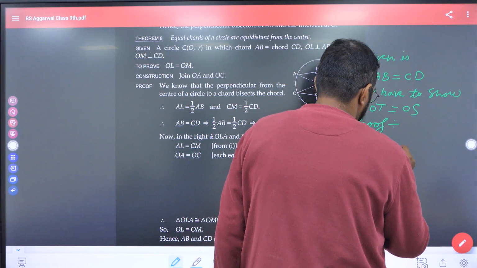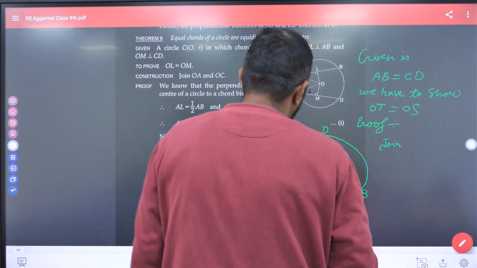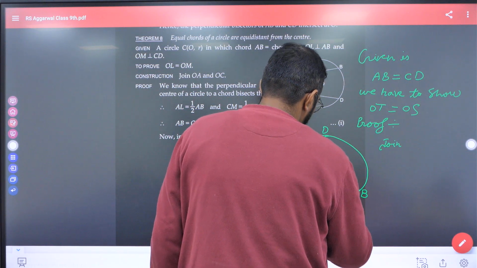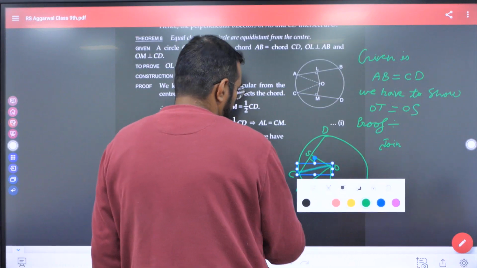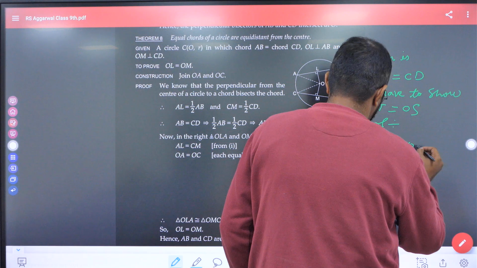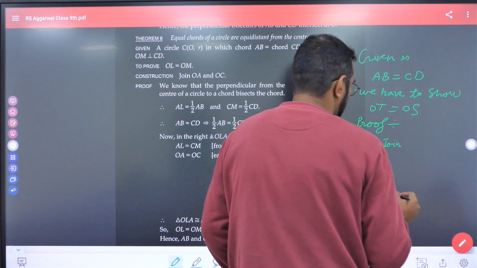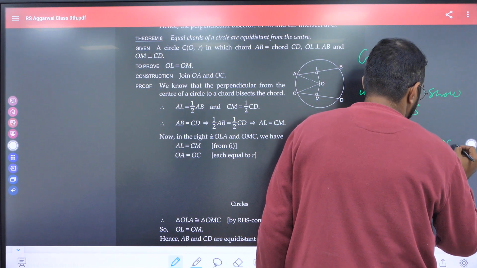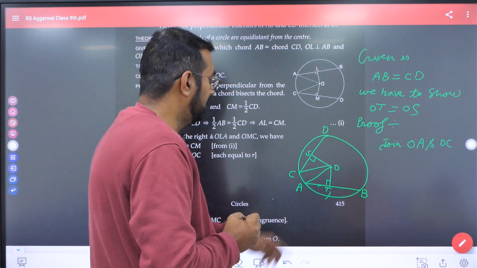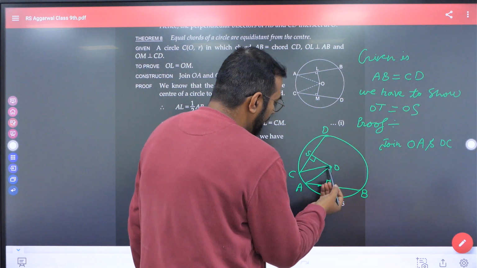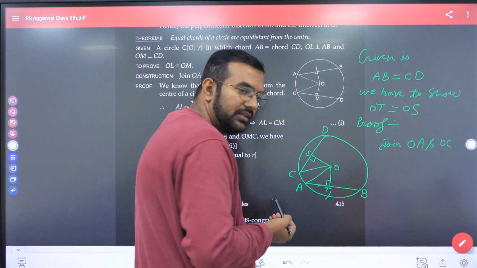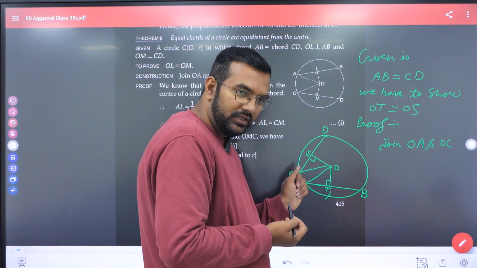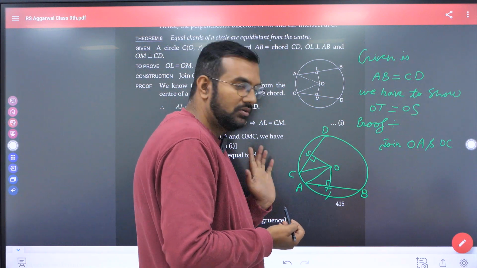Join OA and OC. Okay. Now in triangles OAT and OCS, we will prove that these two triangles are congruent, and then by CPCT OT will be equal to OS.